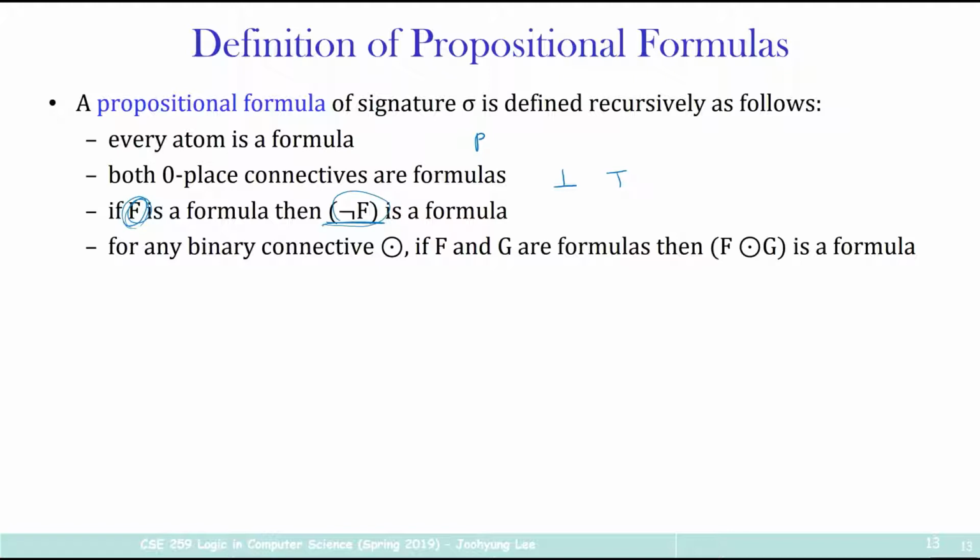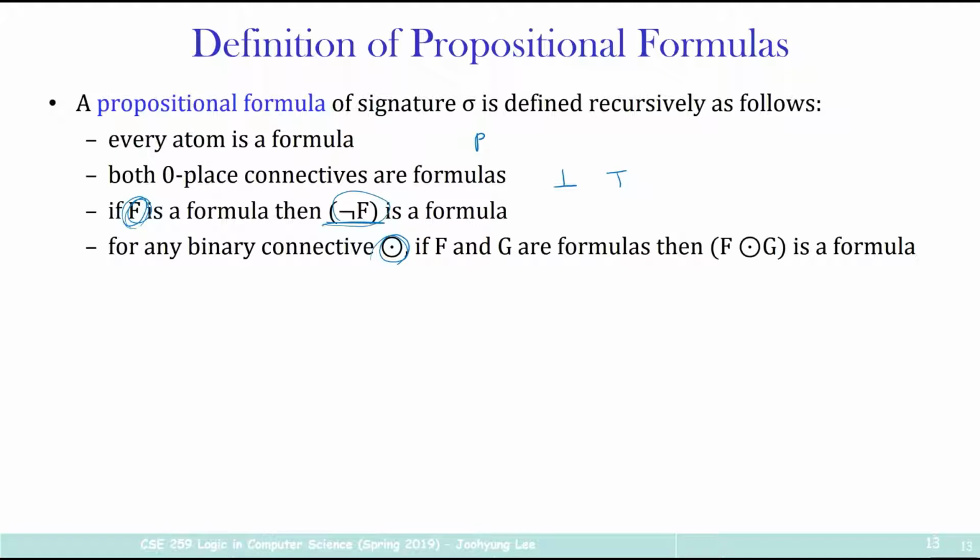Same as this. Instead of writing all the binary connectives, I use this meta symbol. If f and g are formulas, then you can write another formula starting with an open parenthesis, f, followed by the binary connective, followed by g, followed by a closing parenthesis. This is also a formula.